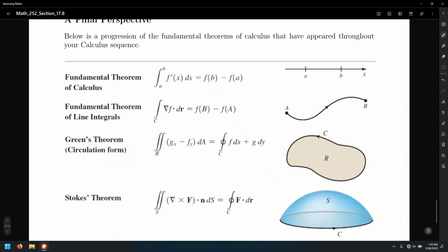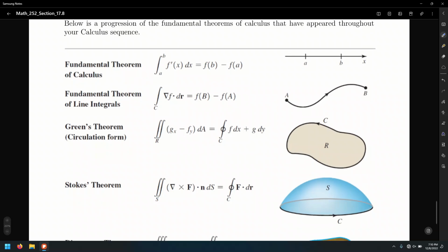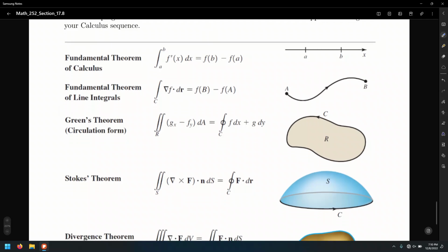And then we did something similar with the fundamental theorem of line integrals, but in this case we integrated over a path, and pretty much the same thing. And then Green's theorem, circulation form. So we added all these microcirculations, and those microcirculations are circulations over time. That's basically a rate of change. It's basically a derivative. So we added all these infinitely many derivatives in two dimensions.